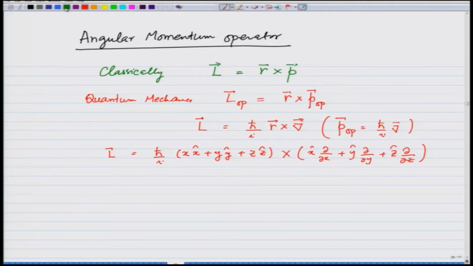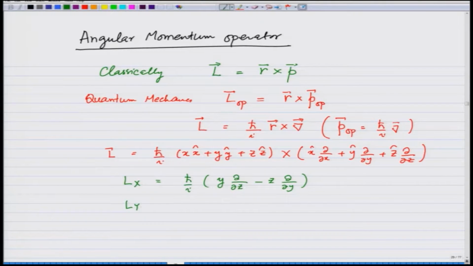And if you work it out, that I will leave, it is a very simple exercise for you, it gives you Lx equal to h cross over i, y partial with respect to z minus z partial with respect to y.